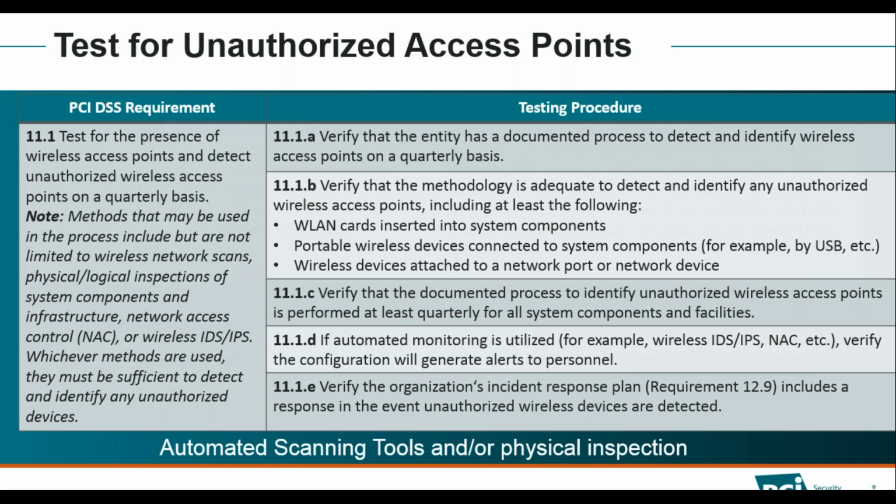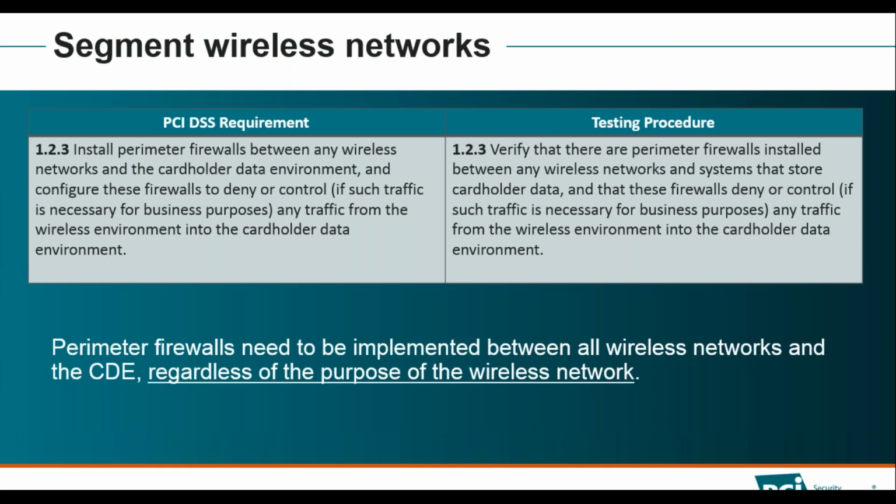And the next thing would be segmenting your wireless network. Regardless of the purpose, that is whether you are using it for your card data environment or not, the perimeter firewalls have to be implemented between a wireless network and the enterprise.